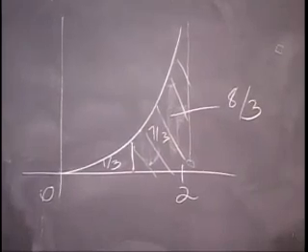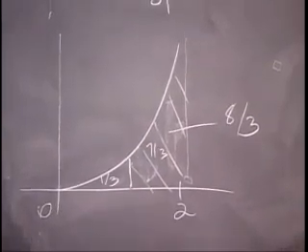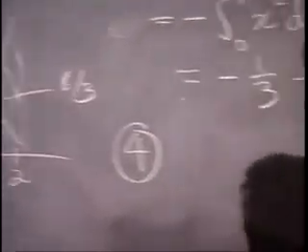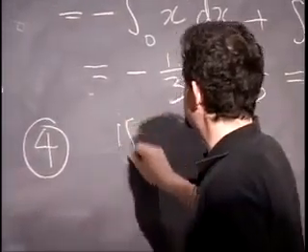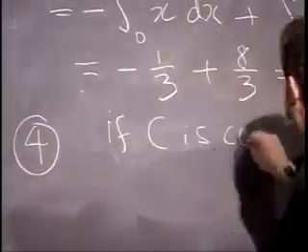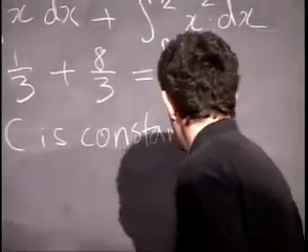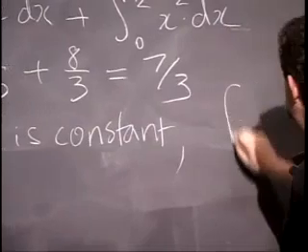All right. Okay, two more properties, both of which are so obvious. They're not really obvious, but they kind of need to be written down. If C is constant, then you can pull it out of the integral.